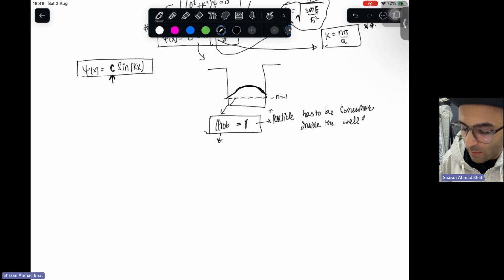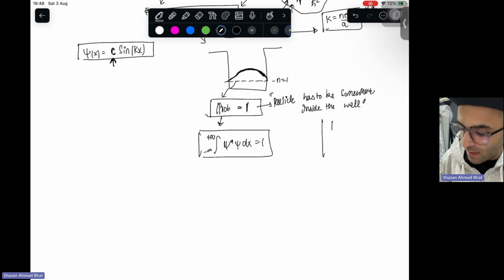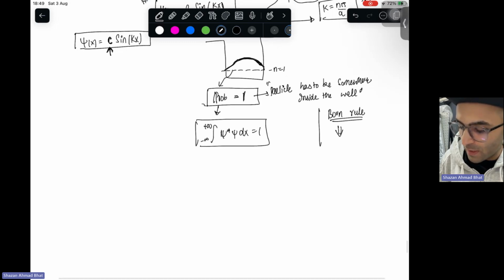Okay, how is this probability written? It is written as the integral from minus infinity to plus infinity of psi star psi dx, equivalent to 1. And this basically comes from the Born rule, the Born probability rule, which says that the probability is given by mod psi square dx, and this is equivalent to 1.